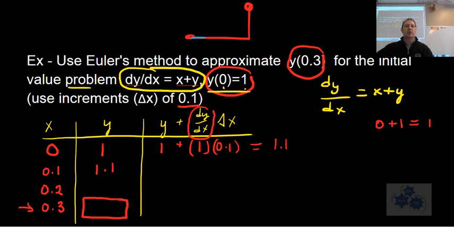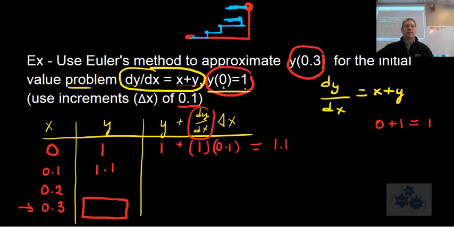What if we did it like this? Just go over 0.1, find out what this value is, then go over another 0.1, find out what this value is, go over another 0.1, find out what this value is. So there's going to be quite a difference between these values if we chunk it up a little bit more.